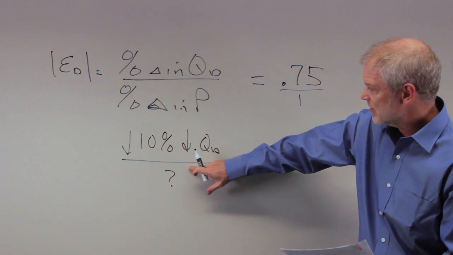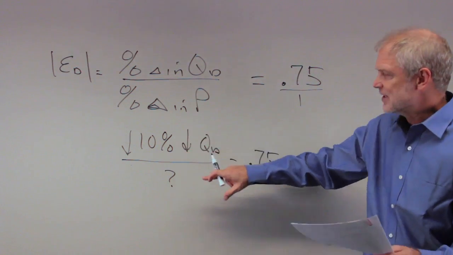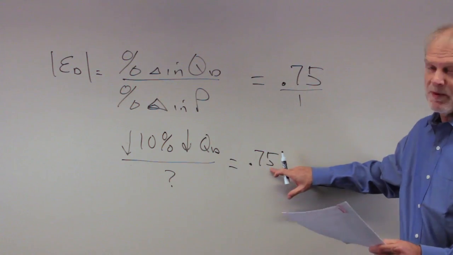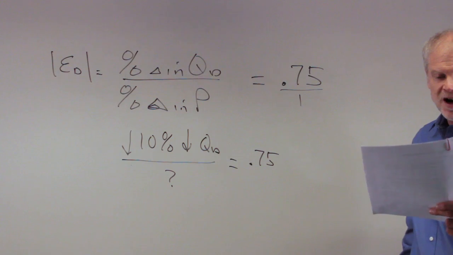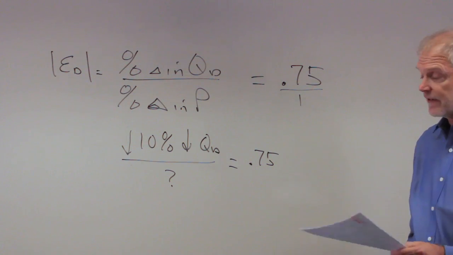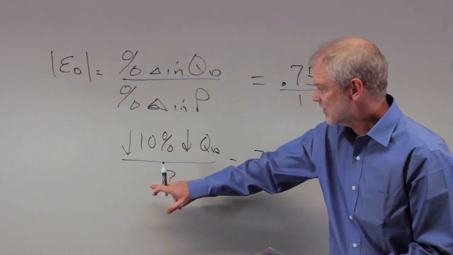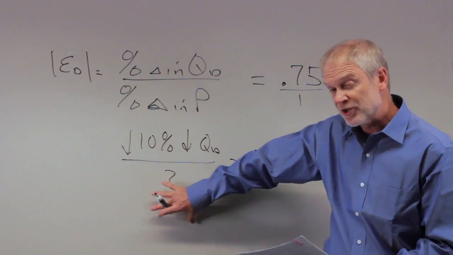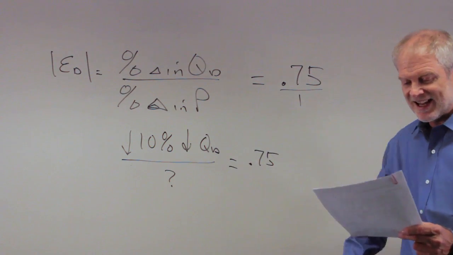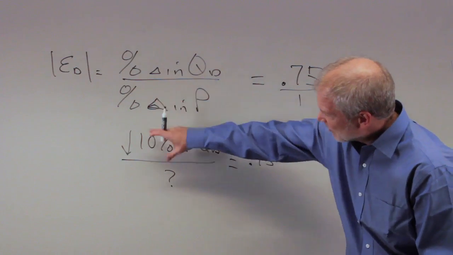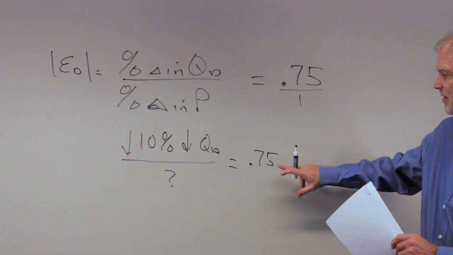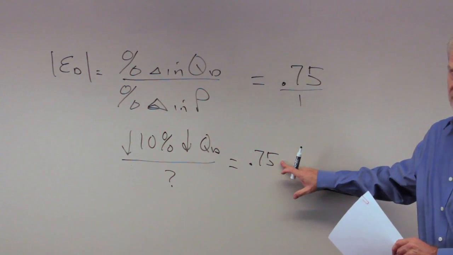A 33% increase in price causing a 10% decrease in quantity demanded would not be 0.75. So C is wrong. And lastly, an increase in the price of the good from $10 to $17.50. So that's going from $10 to $17.50. The percent change in price in that particular case is 75%, and that would not bring about a 10% decrease in quantity demanded if the elasticity is 0.75.